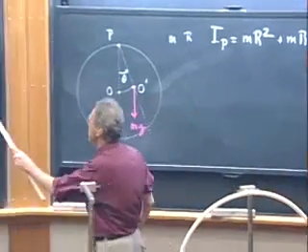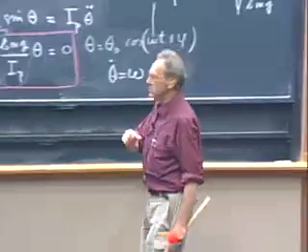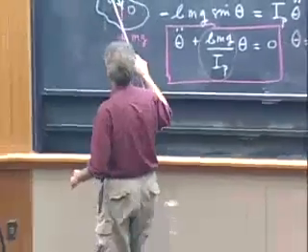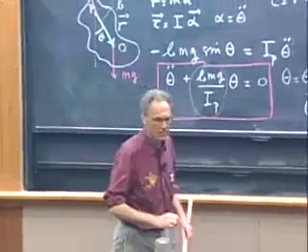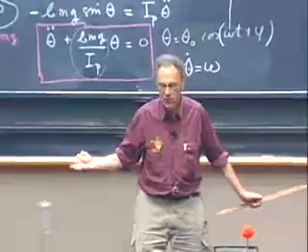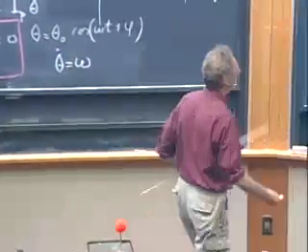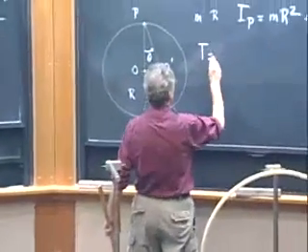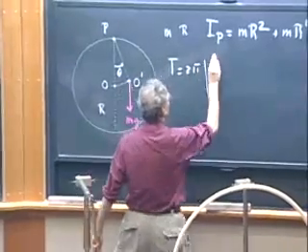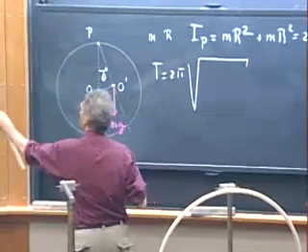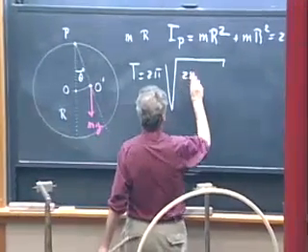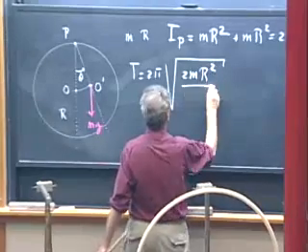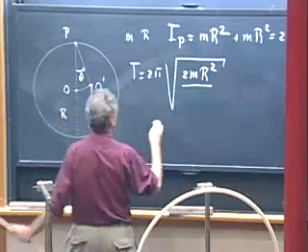And then we have B. What is B? What is the distance from P to the center of mass? That's r. So we come now with a prediction that T is 2 pi times the square root of 2mr squared divided by rmg.